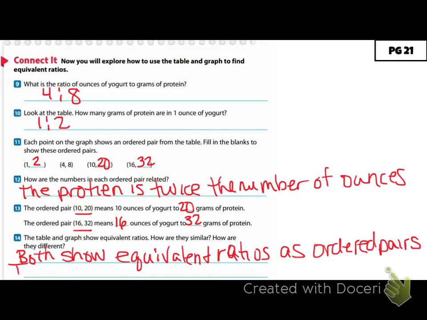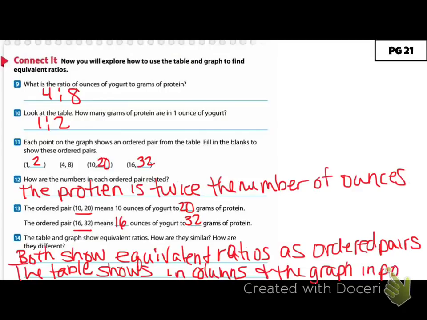The table shows them in columns, so above each other, and the graph in points. So, in our table, the ordered pairs are shown one number above the other, but when we put them into the graph, we're putting them in as points on the coordinate plane.